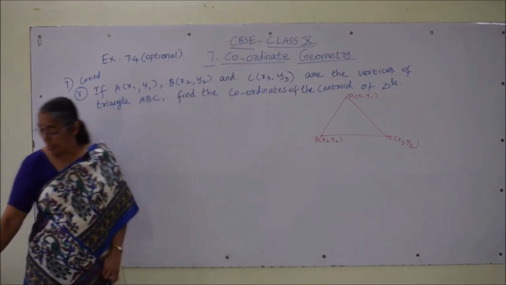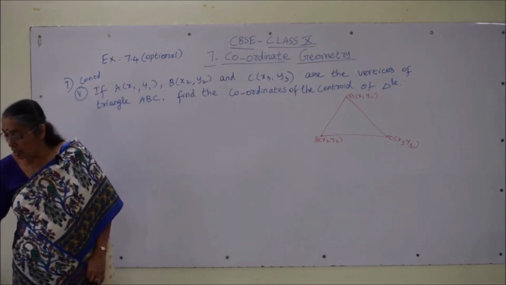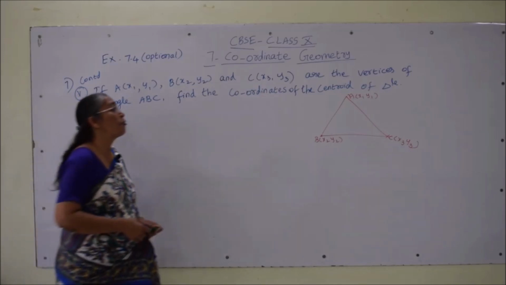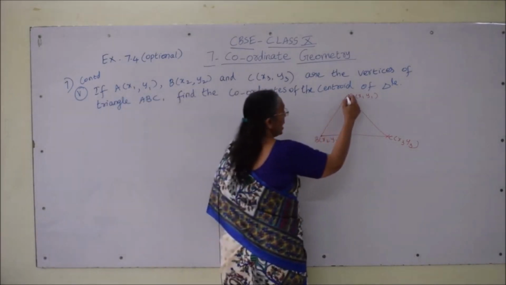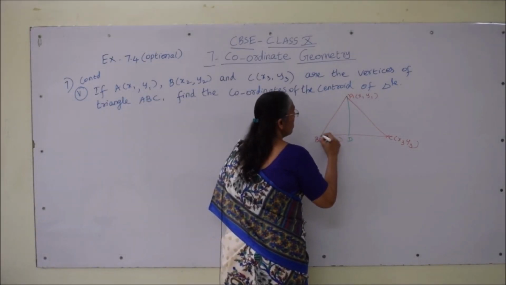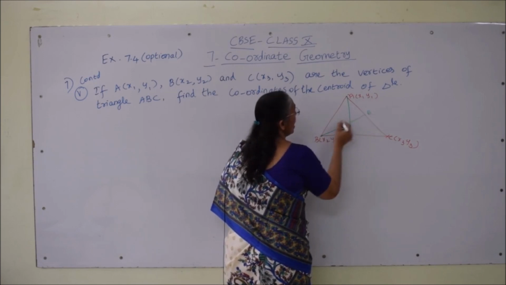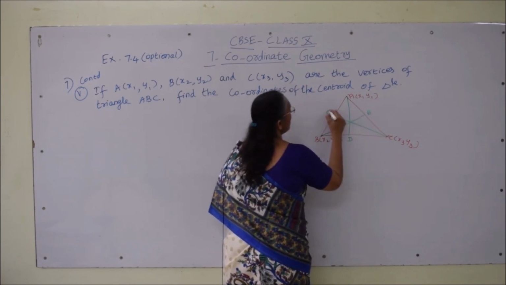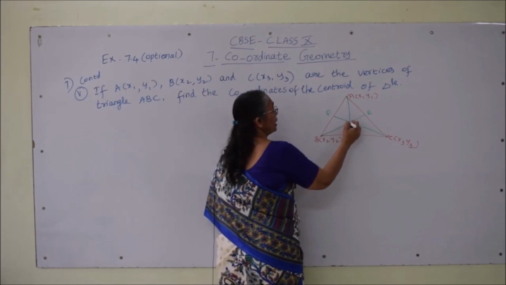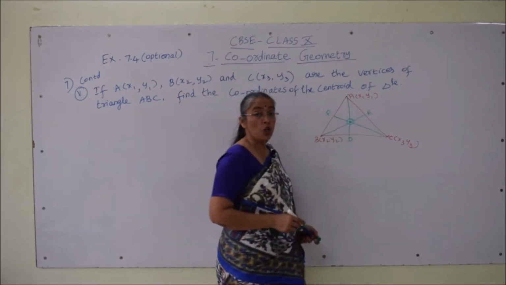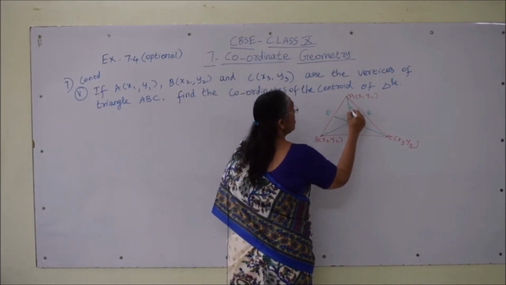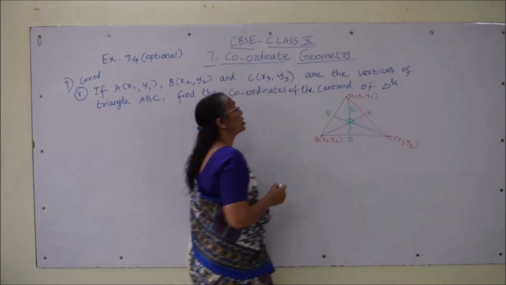So, just now we discussed the centroid is nothing but the point of concurrence of medians. So, AD is the median here, BE is another median and CF is the third median. Their point of concurrence is the centroid, and the centroid divides the median in the ratio 2:1.